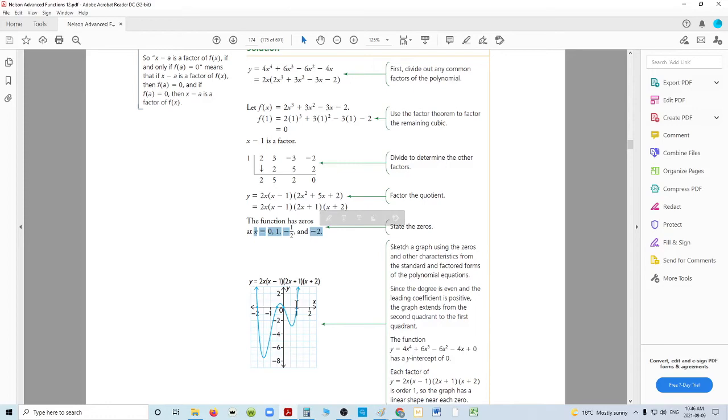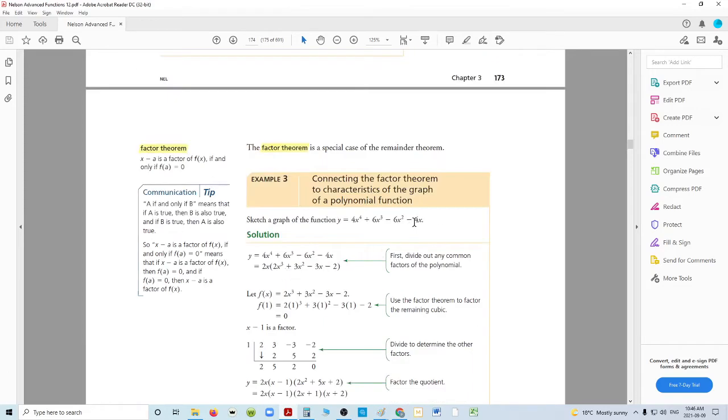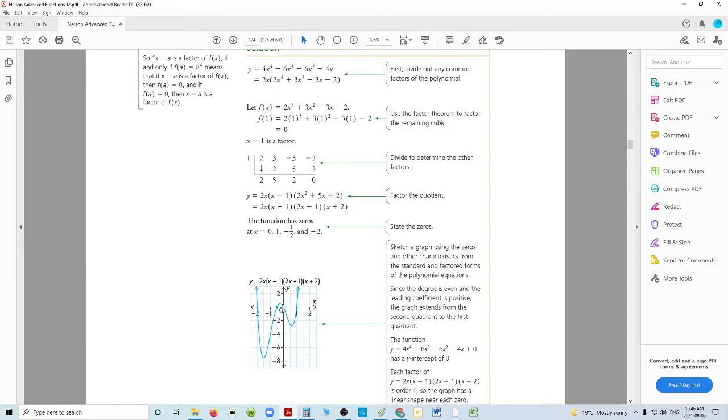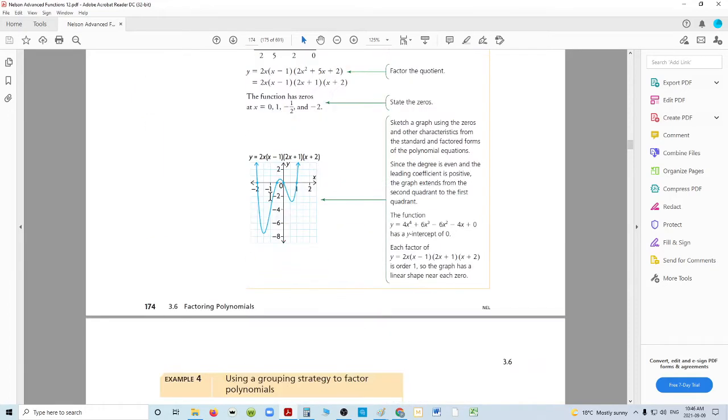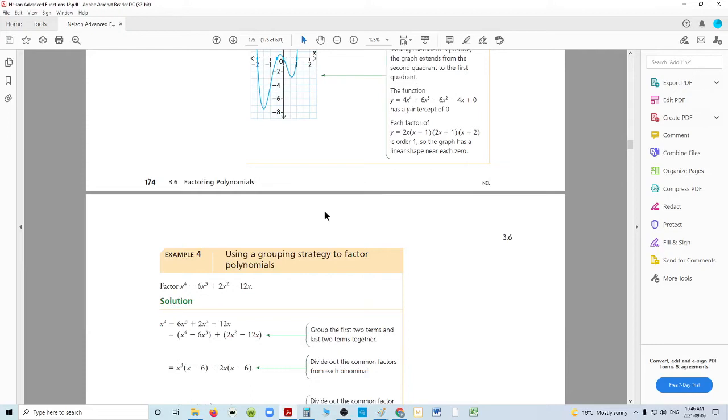They can map it in, and you can even figure out that it'll only cross the y-intercept at (0, 0), because you see that there's no constant number down here, and you have a nice graph. And you also know that the behavior pattern of a quartic starts in quadrant 2 and ends in quadrant 1.